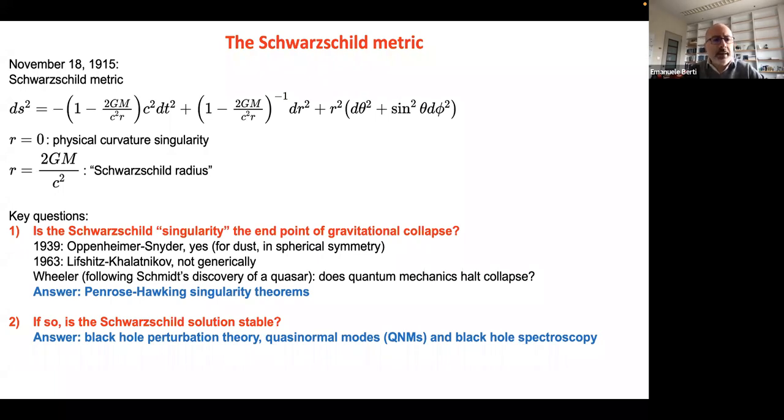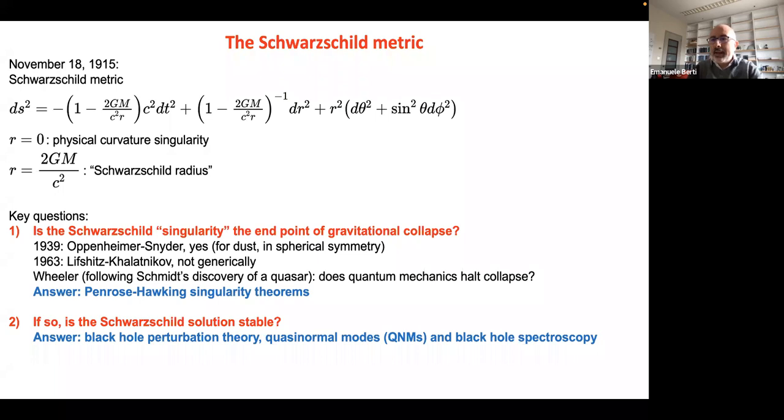And in fact, in the 1960s, Lifshitz and Khalatnikov argued that the formation of singularity was not a generic outcome of collapse. John Wheeler returned to this question in the 1950s and 60s. And in particular, the question became particularly pressing following the discovery by Schmidt of a quasar, what we now understand is a supermassive black hole.